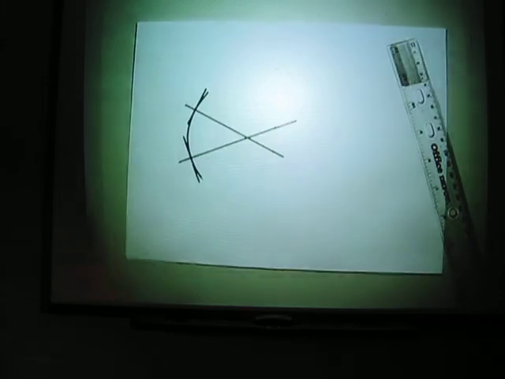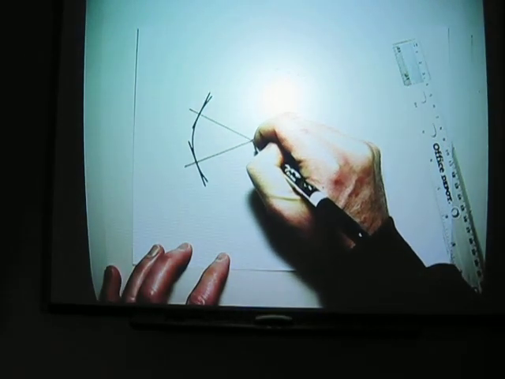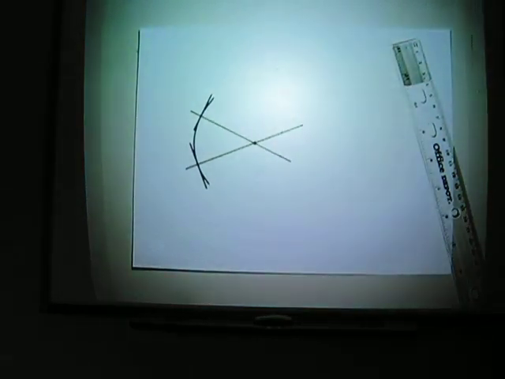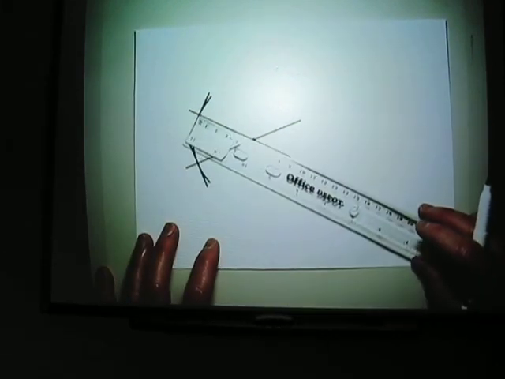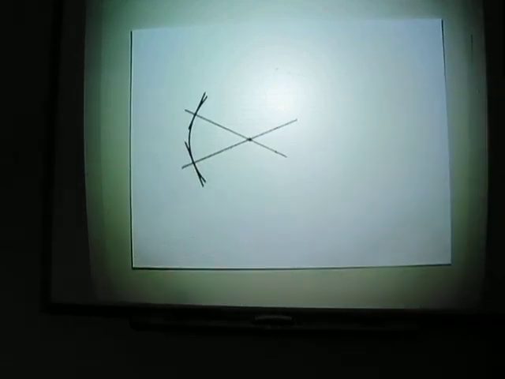Okay, and then where those lines cross, in theory, should be the center of the circle, right, which gives the radius of curvature of the mirror itself. So what I would do is I would measure both of these in centimeters, and then really maybe take an average of the two, and we'll call that our radius of curvature.